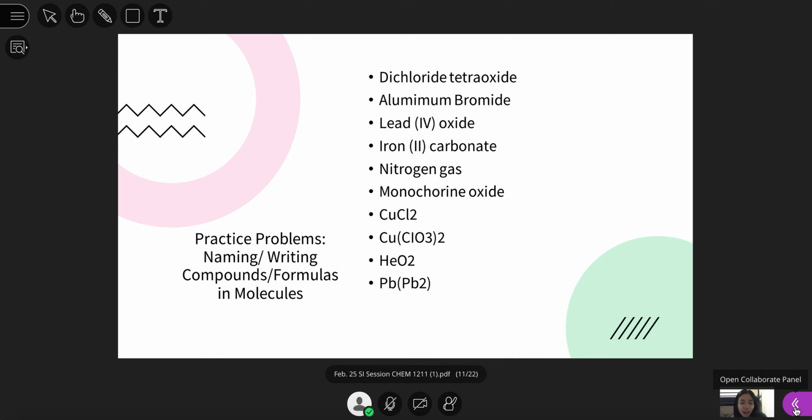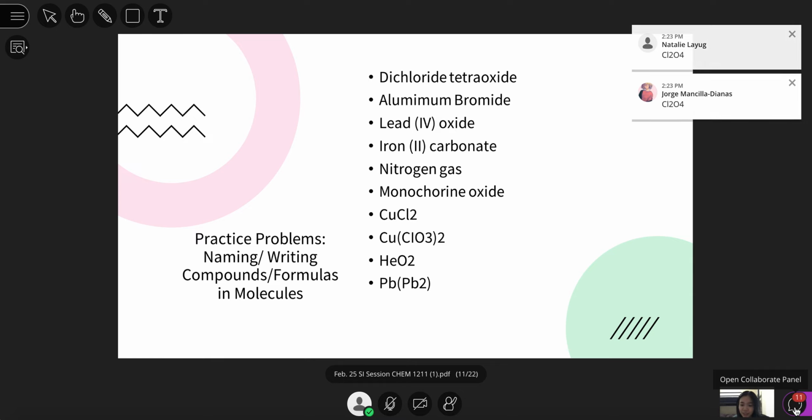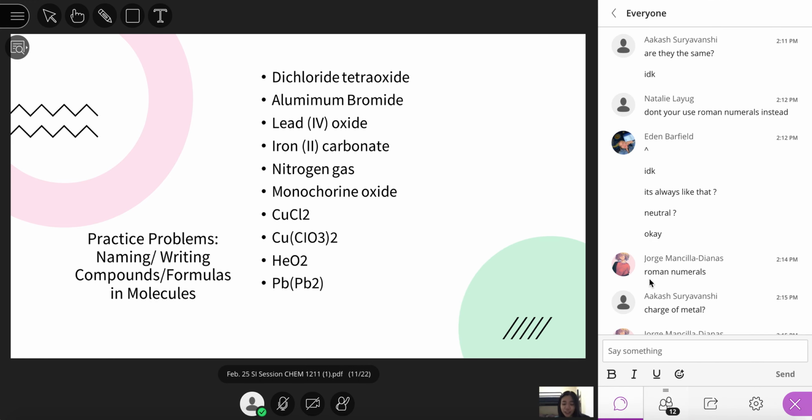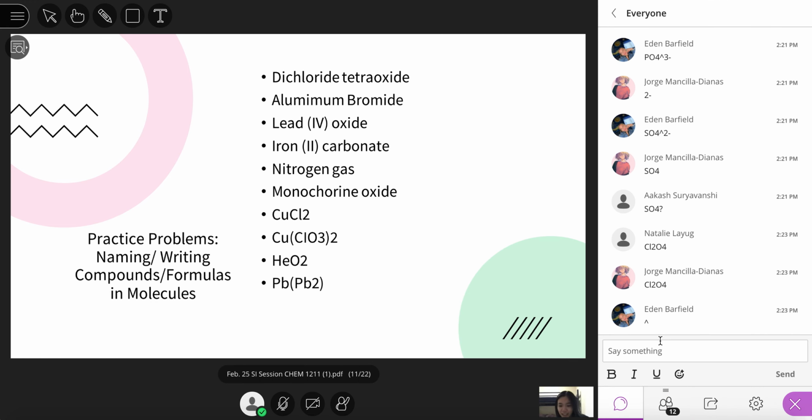Dichlorine tetraoxide. What's the chemical formula for that? This one's pretty easy, right? Because it's just a molecular compound. Okay, and what does everyone else think as well? Any other takers? Do we all agree with this? Disagree?